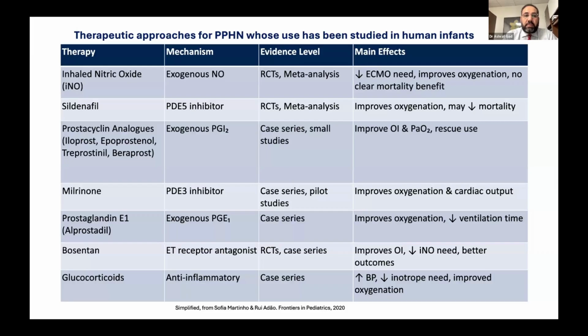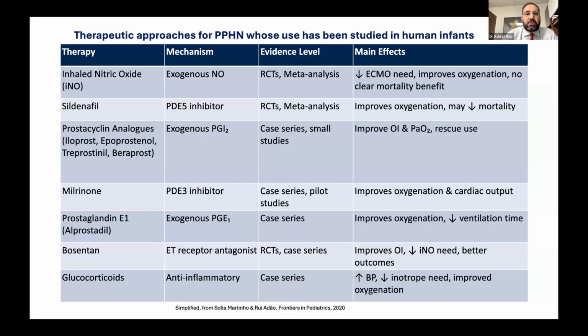This list is the common medications used in management of PPHN targeting the pulmonary vascular bed. Like we mentioned, nitric oxide is the most studied based on RCTs and consensus, while sildenafil and other medications have shown some significant value in small RCTs and case series.